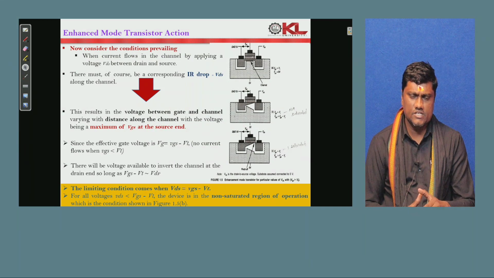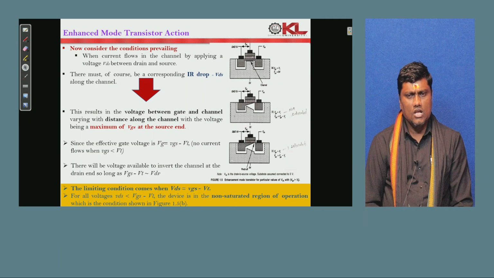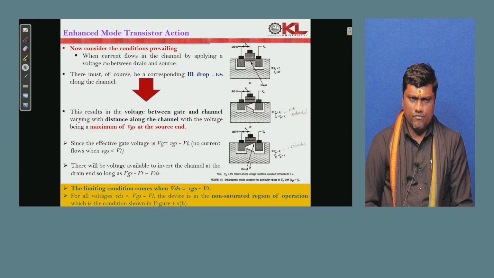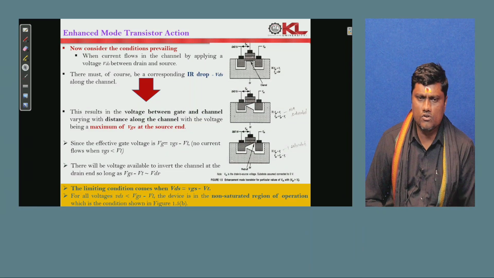The second condition is that VGS has already crossed the threshold voltage, and VDS is less than VGS minus VT. So the potential will drop along the channel. The voltage between the gate and the channel varies with distance along the channel, therefore the maximum VGS is at the source end. So Vg equals VGS minus VT.